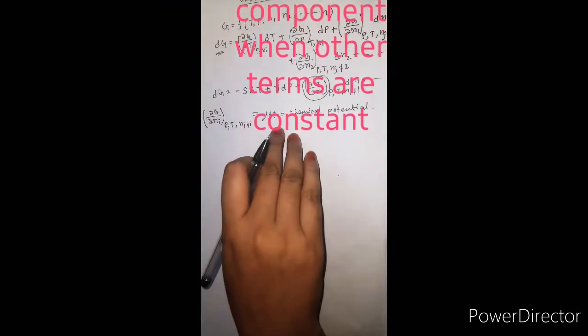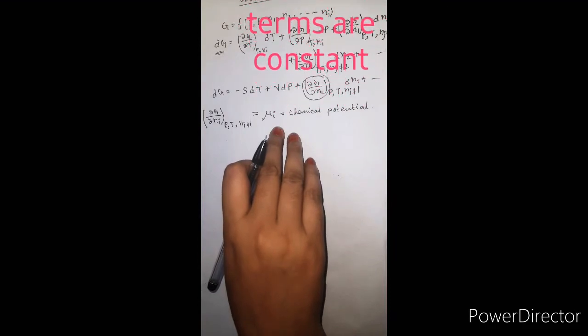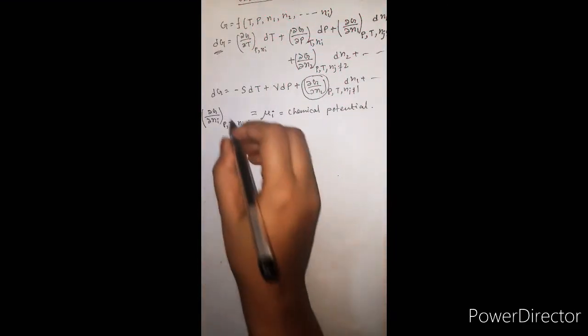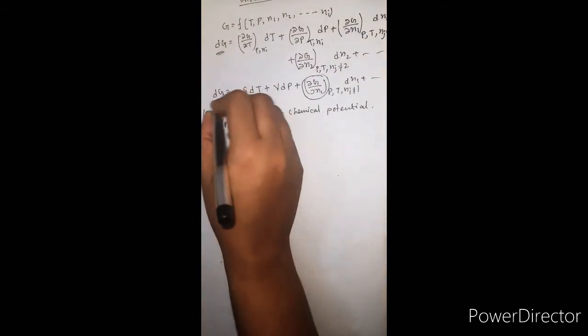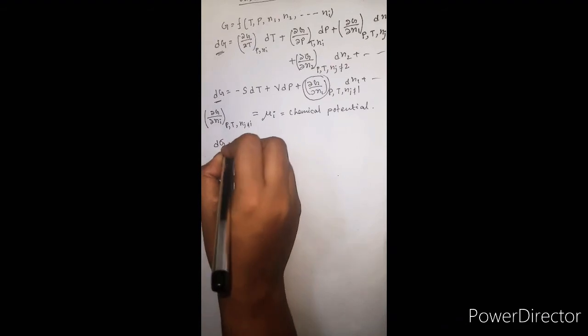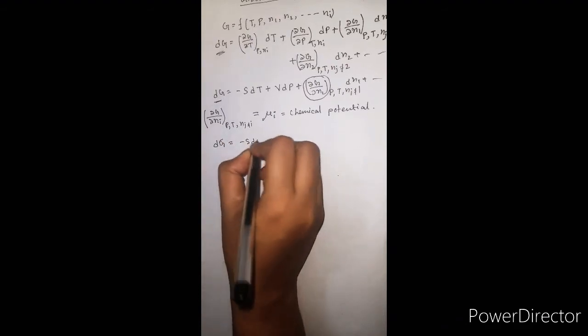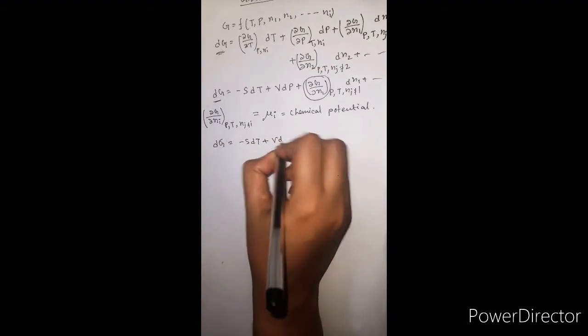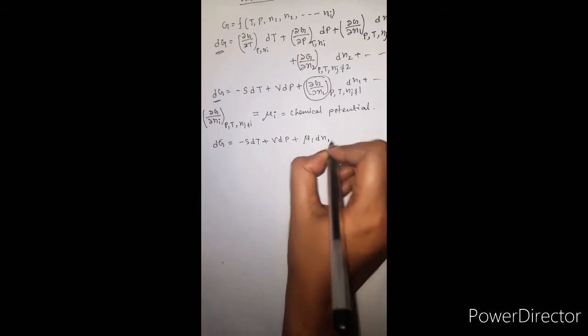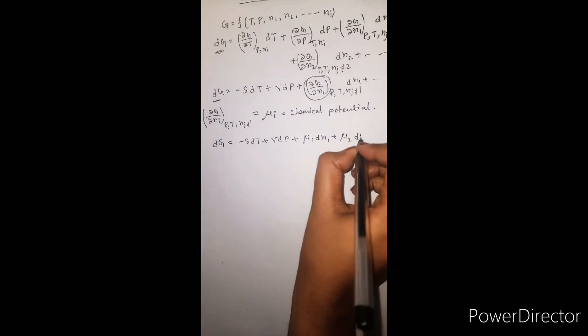Then this term is known as chemical potential. So now this dG equation will be dG is equal to minus S dT plus V dP plus mu1 dn1 plus mu2 dn2 plus like that.